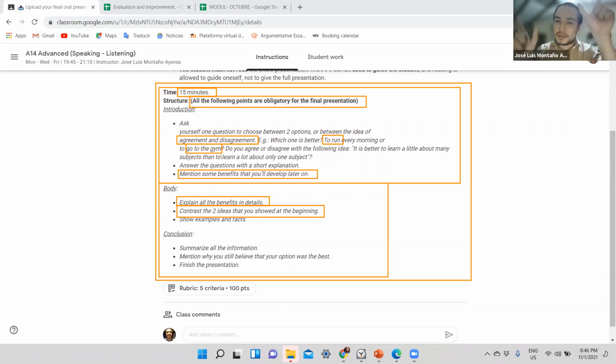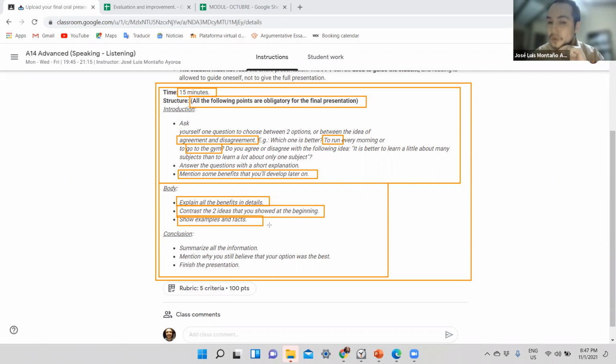So if you agree that learning a little about many subjects is better than learning about only one, you need to tell me what are the advantages of learning a little about many subjects and the advantages and disadvantages of learning a lot about only one subject. It's the same. You need to contrast those 2 ideas.